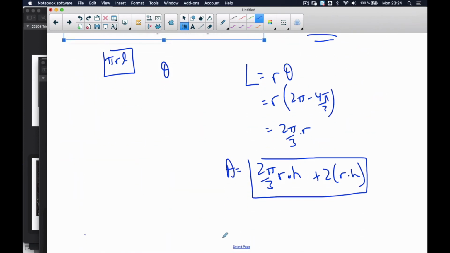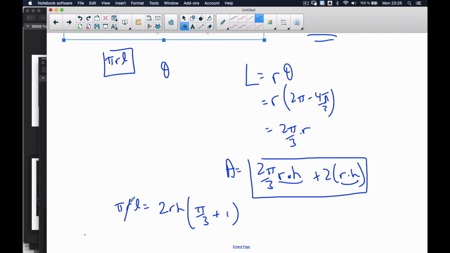Okay, so if I set them equal to each other, pi RL is equal to, and if I look in here, I'm going to factor out an RH, and the 2 as well, so 2RH times, if I factor that out, I'm left with pi over 3 plus 1. Solving this, what can I do? I'm trying to get theta, remember?